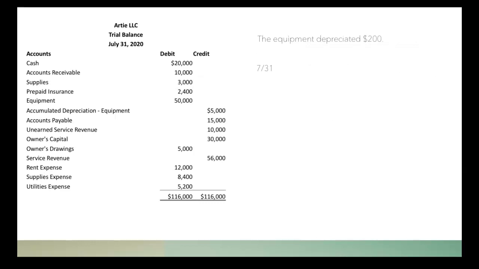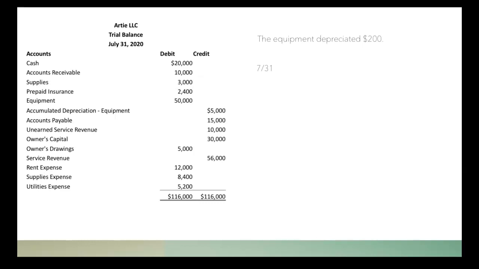Now, we're told that our equipment depreciated $200 this month. So, any kind of equipment or buildings, those are going to depreciate over time, right? They're going to lose value.